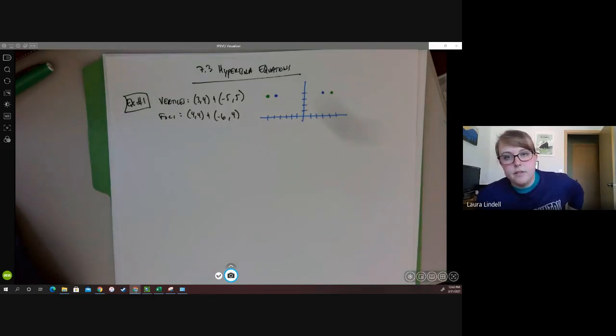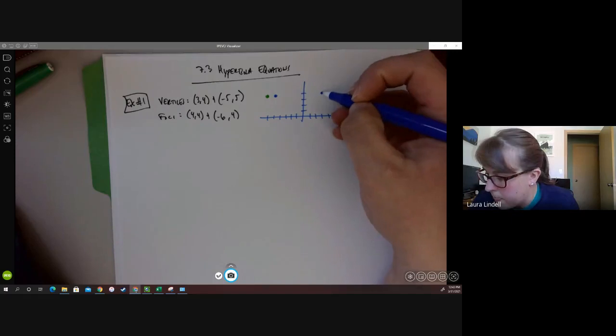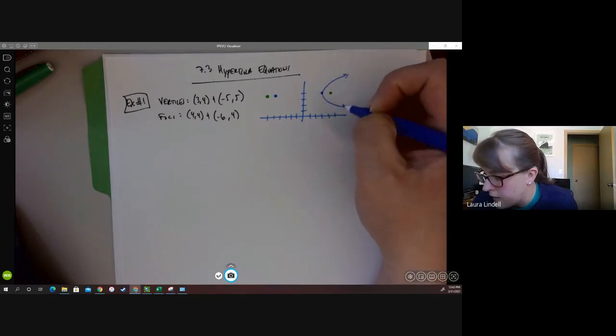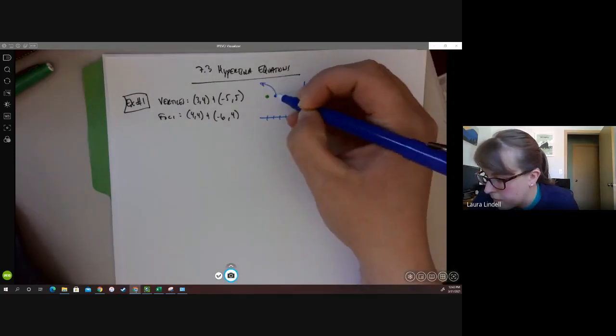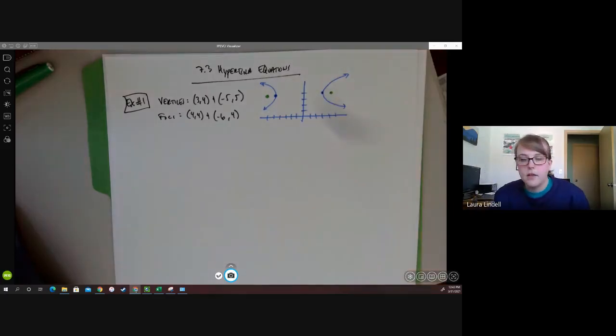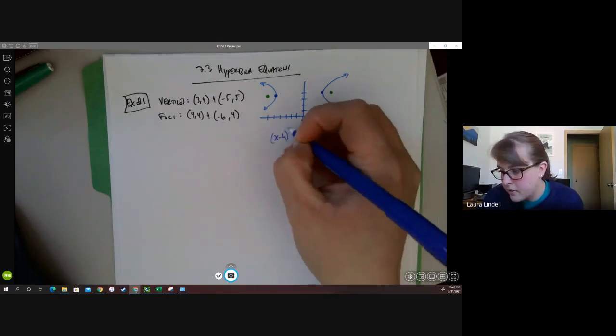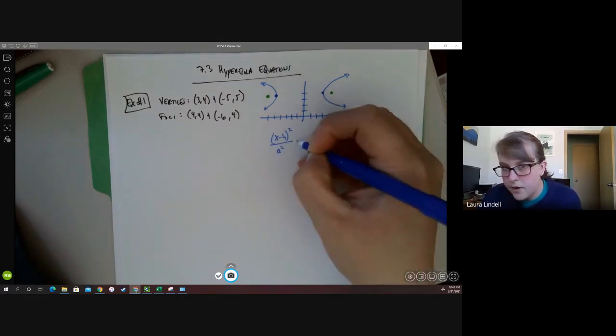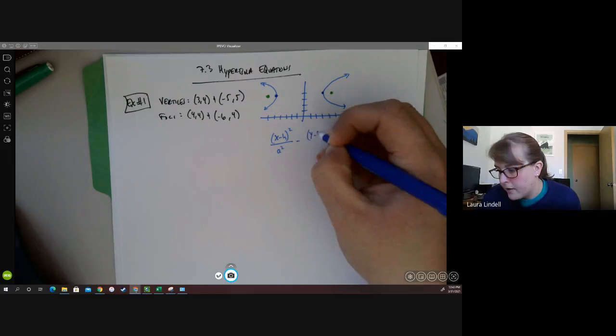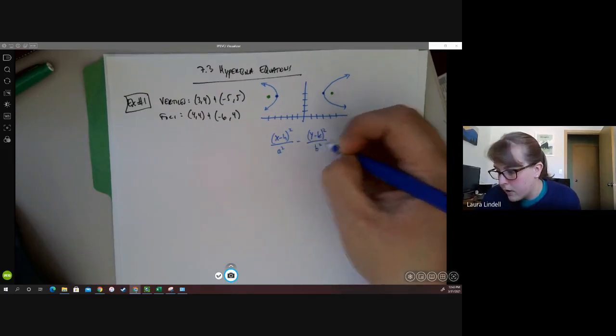Okay, so knowing this, we know that our hyperbola is going to look something like this. That means we're dealing with a horizontal transverse axis, which means that we're working with the equation x minus h squared over a squared minus y minus k squared over b squared equals 1.